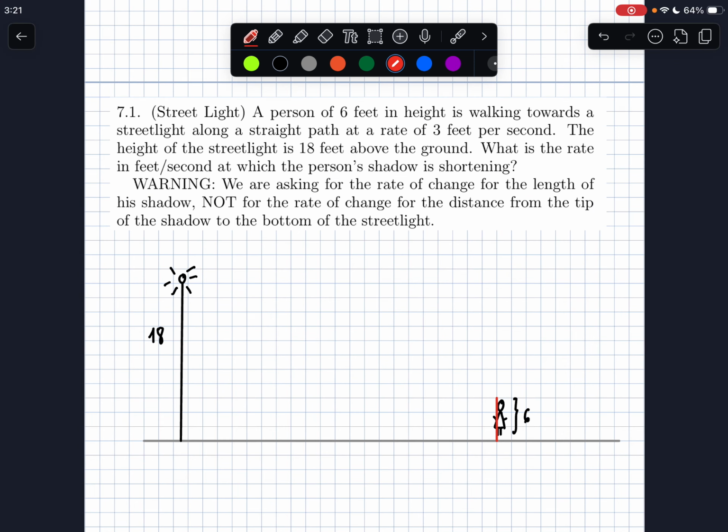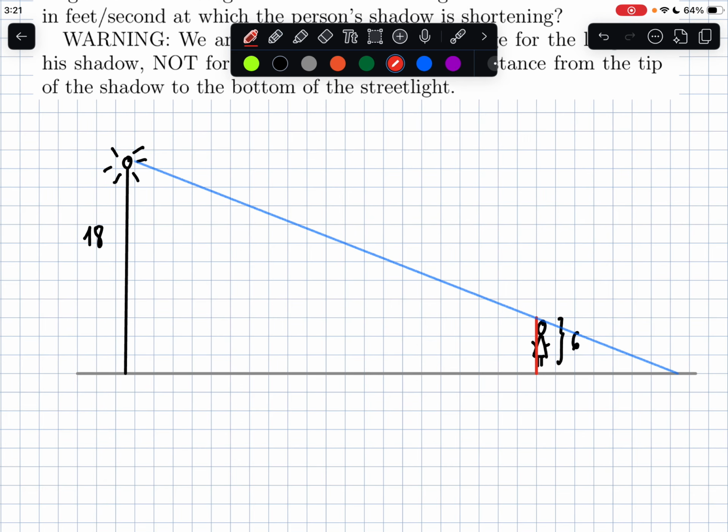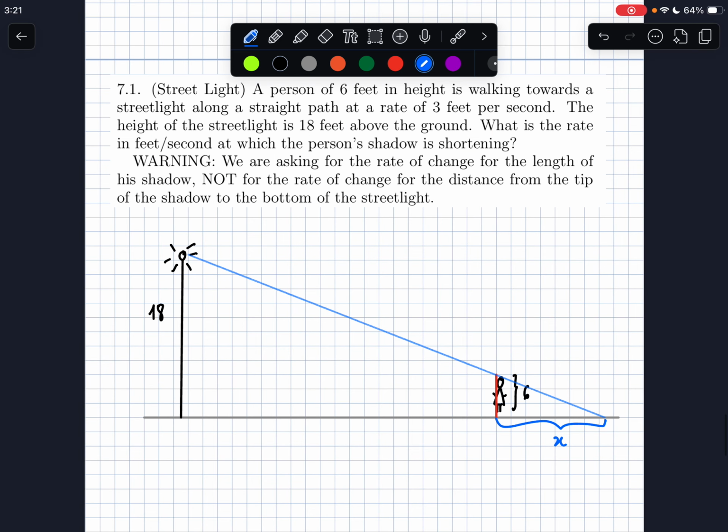The shadow comes from this light to the person, right? And the shadow is the same here, this length. Let's call it x. So for example, this person is here, the shadow is this length.